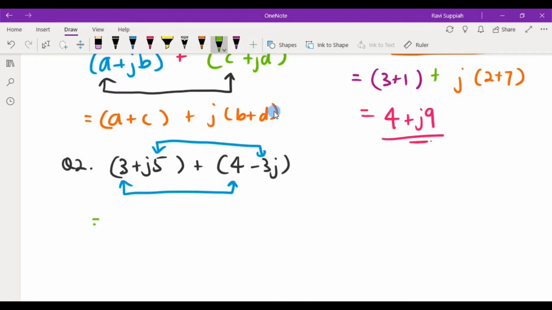So what I have here is 3 plus 4, add with j, 5 minus 3, and I will get 7 plus j2.